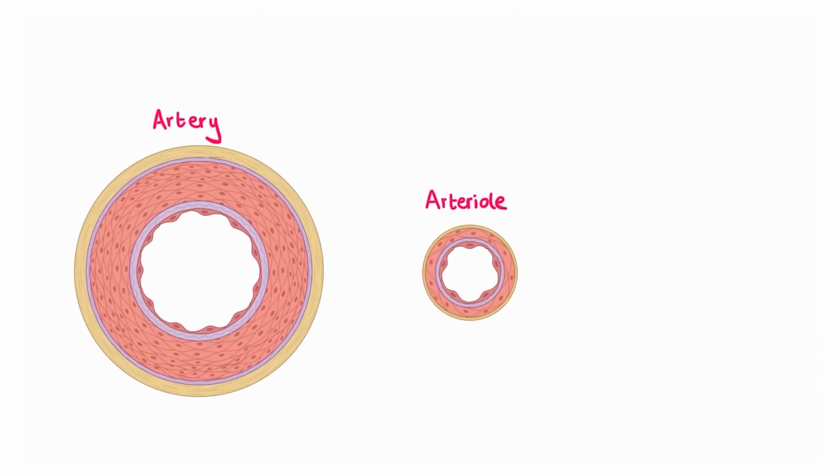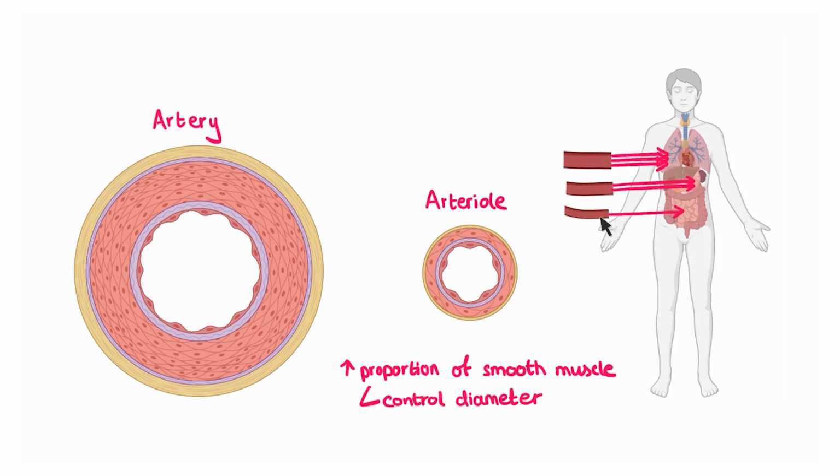These arterioles are going to be smaller than the arteries, but structurally they're quite similar. One important difference though is that arterioles have a greater proportion of smooth muscle in their walls. This helps them to control their diameter and so control the volume of blood that's flowing into a particular tissue at a particular time.